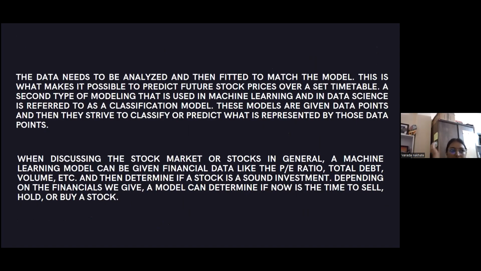The data first has to be analyzed, and then it has to be fitted into a model. This helps us predict the future stock prices, so that we can maximize the profit we get out of it.